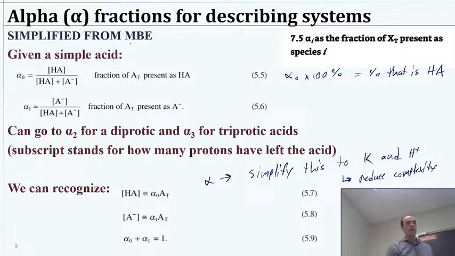Instead of having the alpha fraction in terms of HA divided by HA plus A minus, if we can get that in terms of the equilibrium constant, which is telling us what kind of balance we have between those, and the H plus concentration, which is the other piece that determines it, we have simplified it quite a bit, because we know K, or we can solve it, and H plus is very easy to find, or it might be what we are trying to find, okay? So that's going to be the target in order to get there.